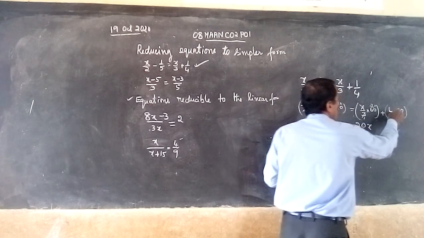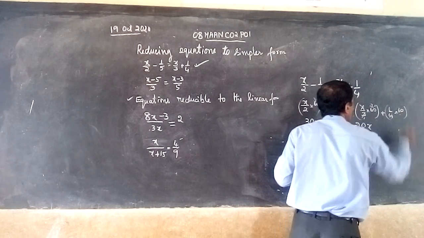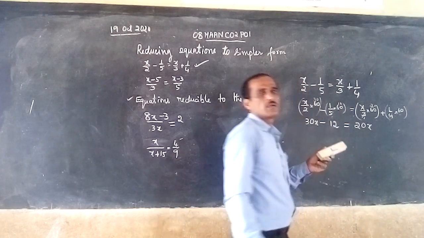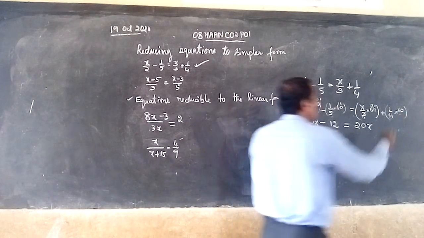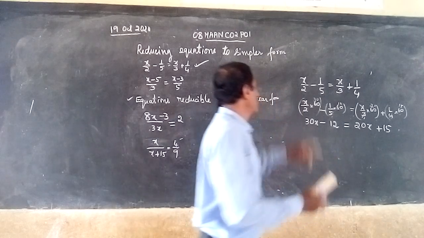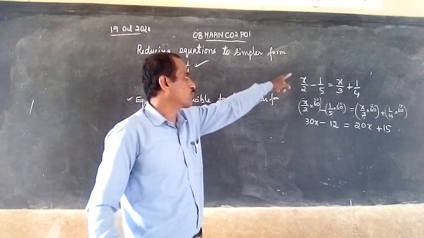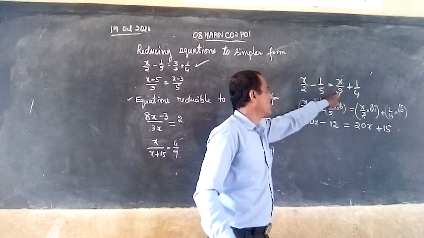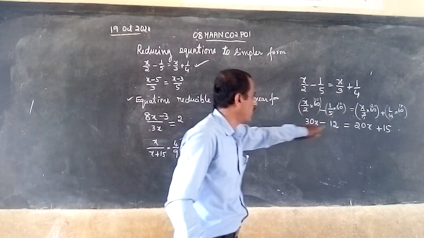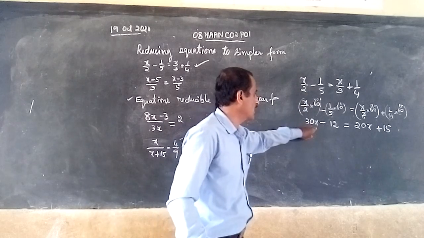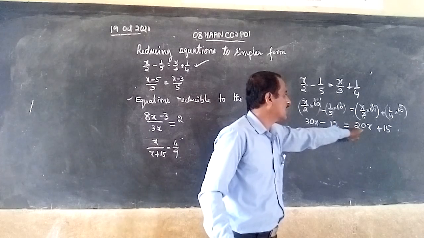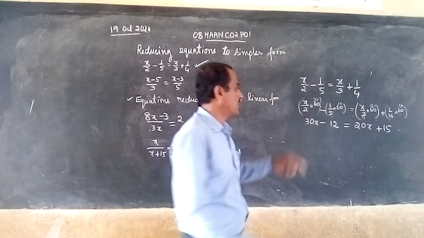Next 4 ones are 4, 4 fifteens are 60, so plus 15. So x by 2 minus 1 by 5 is equal to x by 3 plus 1 by 4 is reduced to the simpler form. The denominator is not there now. That is 30x minus 12 is equal to 20x plus 15.